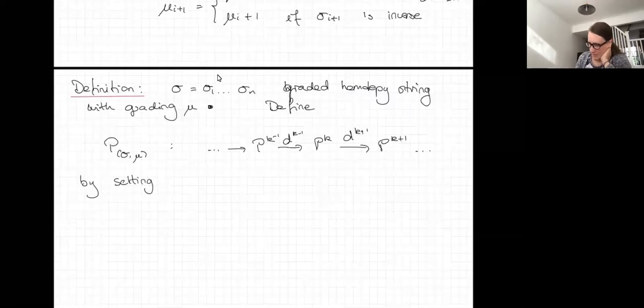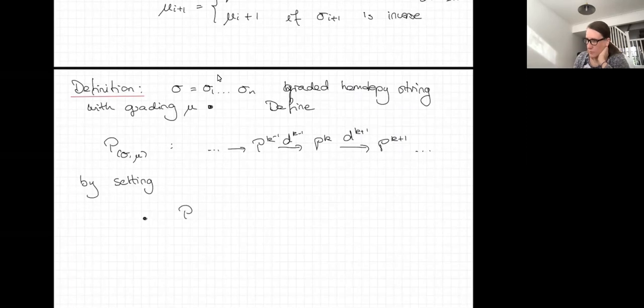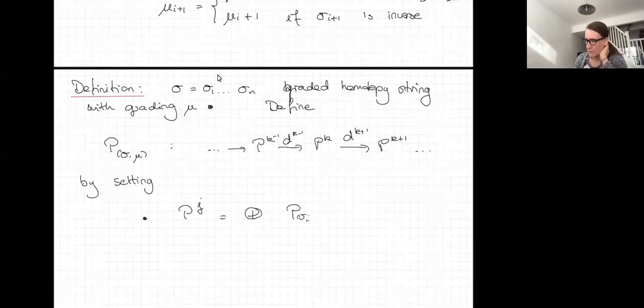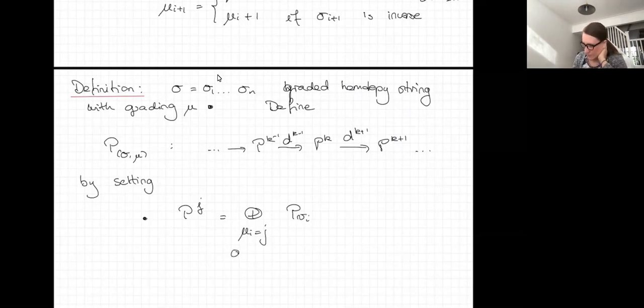First we say what is the module in degree j. So we take projective indecomposables, namely for all those projective indecomposables where we have a grading mu i which is equal to j, for 0 less than or equal to i less than or equal to n, where P v i is the indecomposable projective at vertex v i.